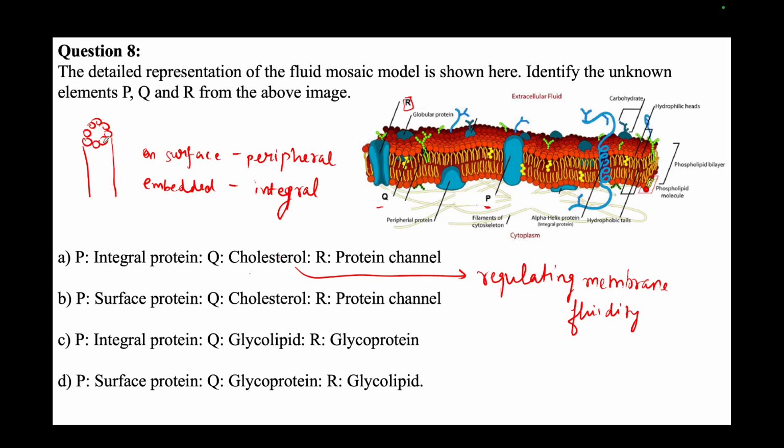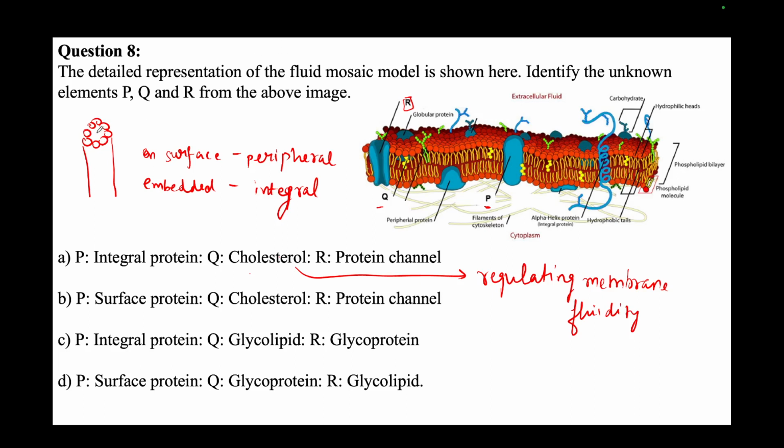Imagine a thick pipe or a straw. The outer surface of the pipe would be non-polar and the inner surface, the hollow part, would be lined with polar molecules so that it can facilitate the movement of polar molecules.